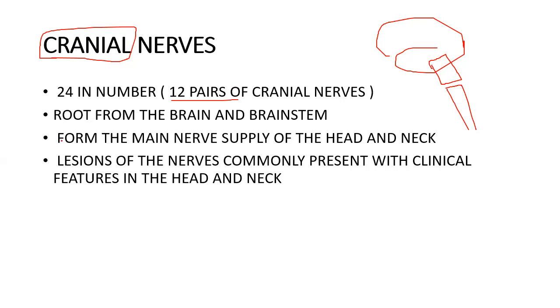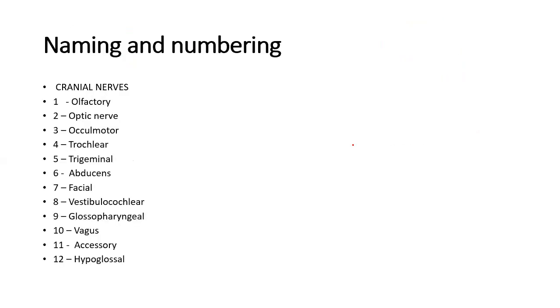They form the main nerve supply of the head and the neck, obviously. And lesions of the nerves commonly present with clinical features in the head and neck, obviously. The numbering is in pairs from 1 to 12.